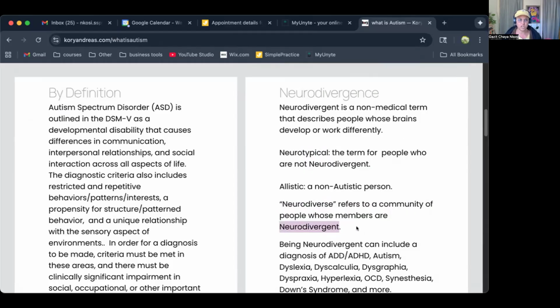So like a neurodivergent author or a neurodivergent clinician, or they are neurodivergent, but you wouldn't say they are neurodiverse because neurodiverse means a variety of neurodivergence. So you might have an ADHD person and an autistic person and a person with TBI, etc.